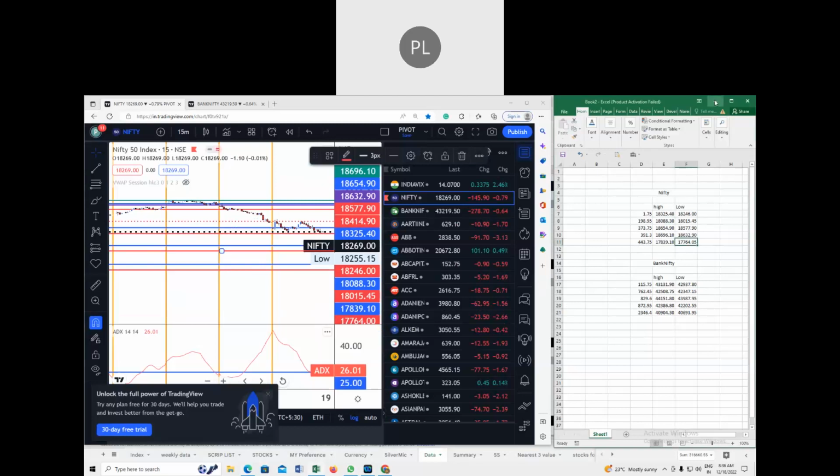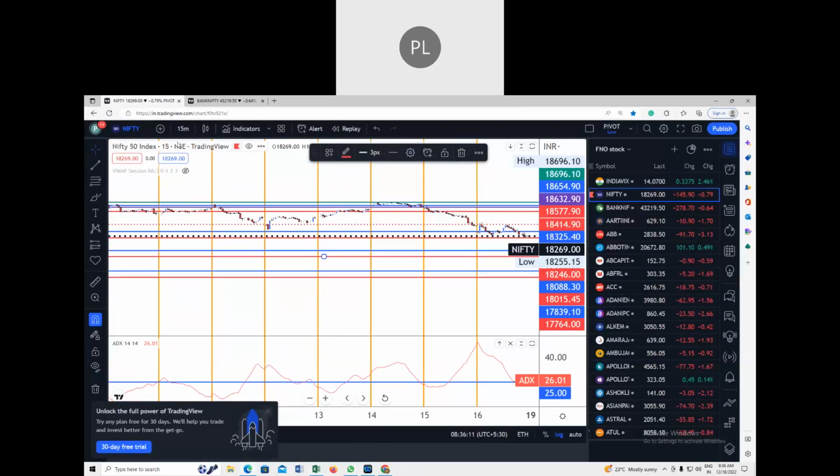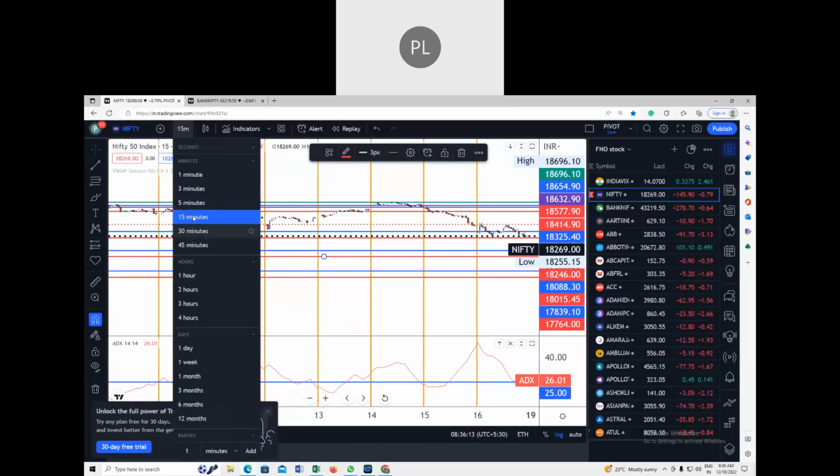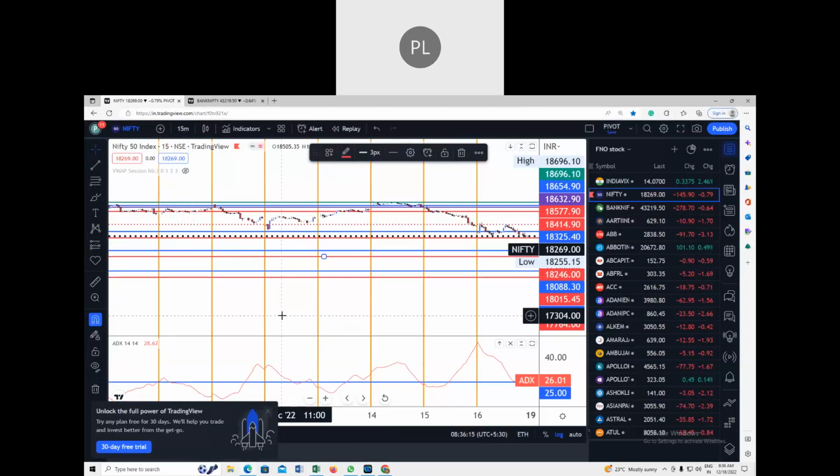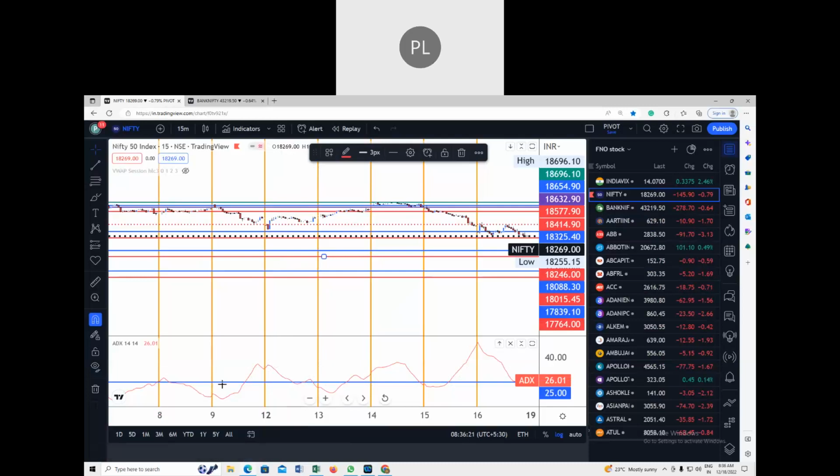Now let us convert this chart to a 15-minute chart. Why 15-minute? Because it becomes very evident for us when to take a trade and when not to take a trade. Yesterday I had posted a video on ADX of Kunal Sarogi, wherein he has specified that if you're trading in options, you should always look at values greater than 25.